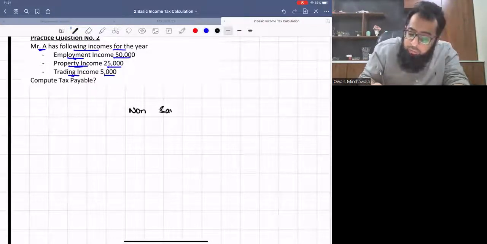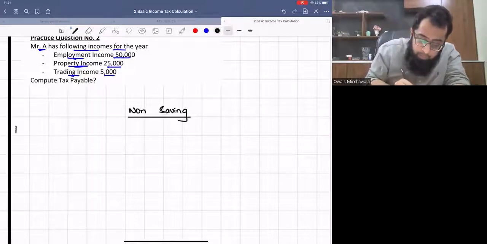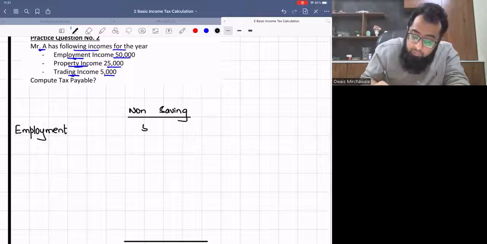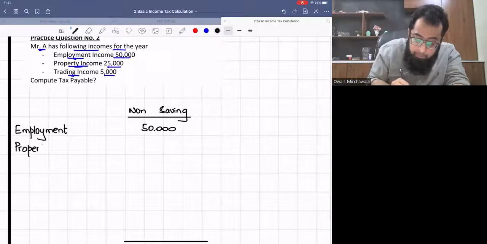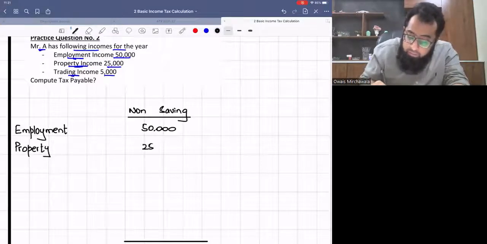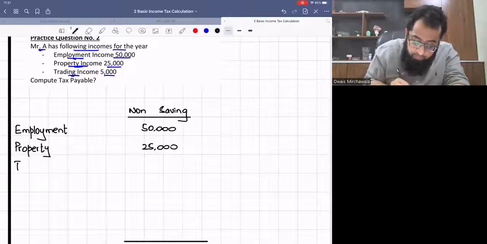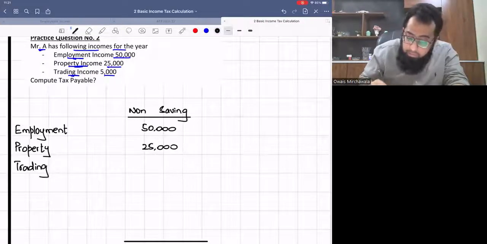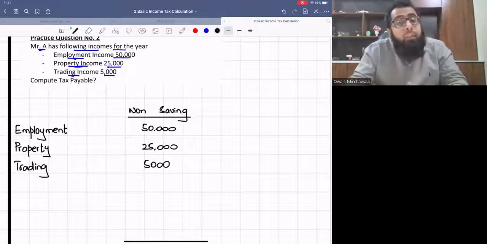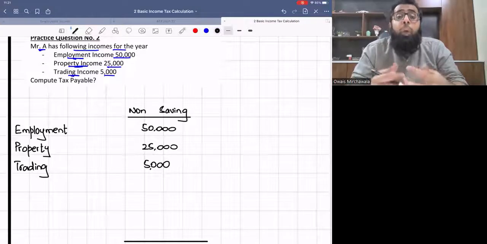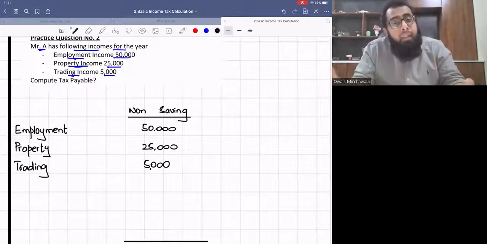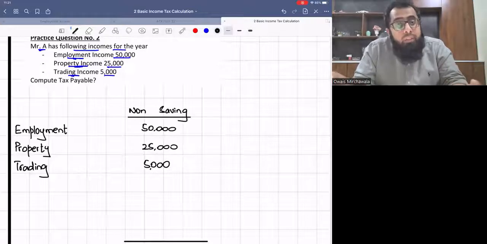Again, all of the incomes are non-saving income. So what about saving and dividend? We will discuss them. Don't rush.